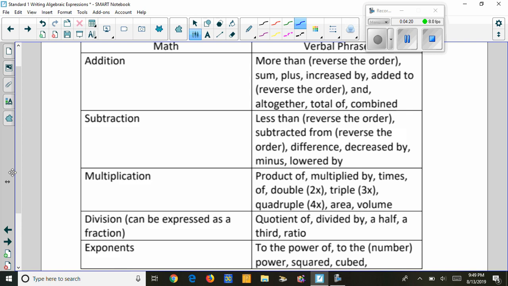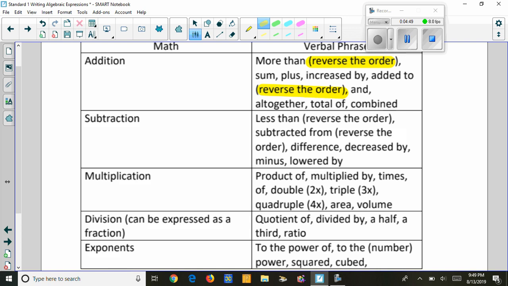I want you to note there are 2 of them that I have added a piece to where it says reverse the order. We'll see that when we do some examples, but we're going to specifically switch the order in which the pieces are given to us. So if I were to say 5 more than x, that is x plus 5.